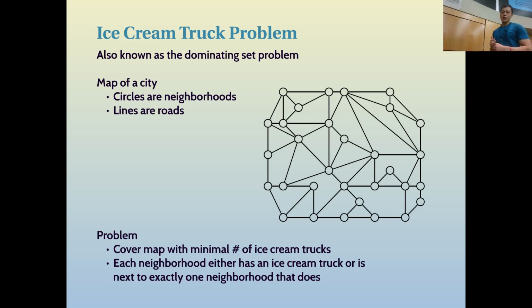And the problem that you want to solve is to cover the map with a minimal number of ice cream trucks with the following condition. Every neighborhood in this graph either has an ice cream truck in it or is directly connected to one node with an ice cream truck in it. Exactly one node. And this is the dominating set problem.